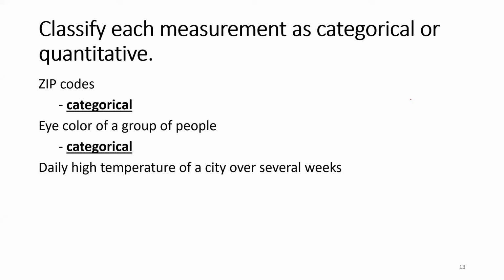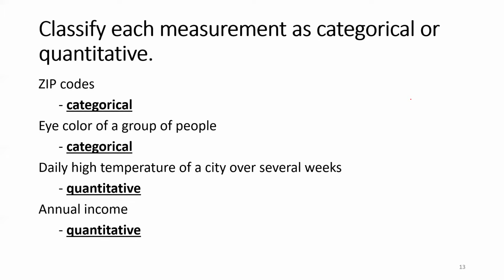Whereas if you looked at the daily temperatures in a city over several weeks and studied that, that would definitely be quantitative. And if you looked at the annual income of a population or of a sample, this would be quantitative.